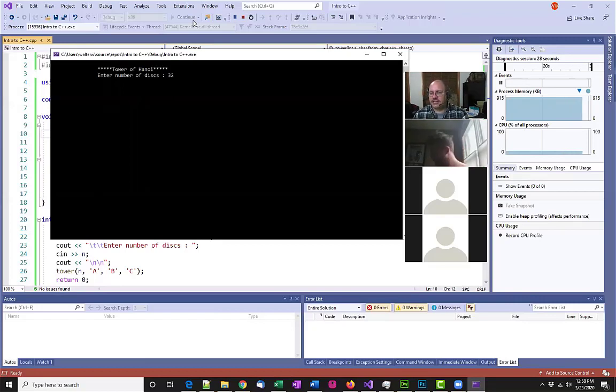What's also interesting is my CPU is much more consistently being used because it's just doing all those function calls. It is not dealing with having to write something to the screen, which doesn't take much processing power. And that's why you saw that up and down. Got rid of the I/O, and now it's a much more consistent thing.